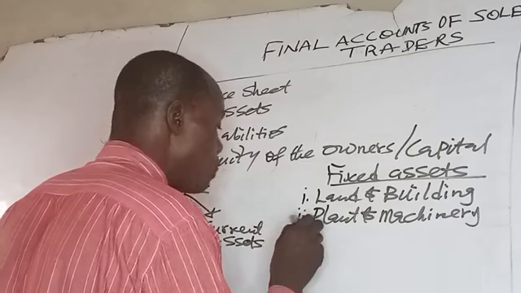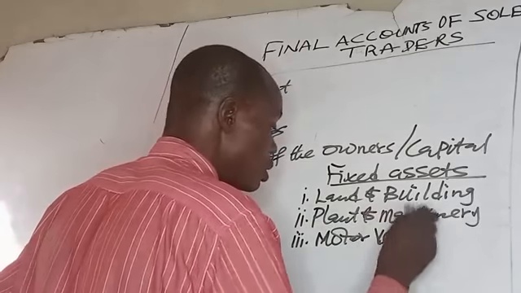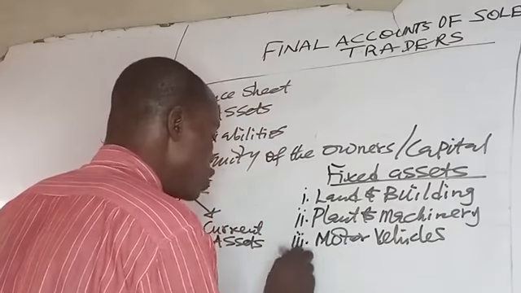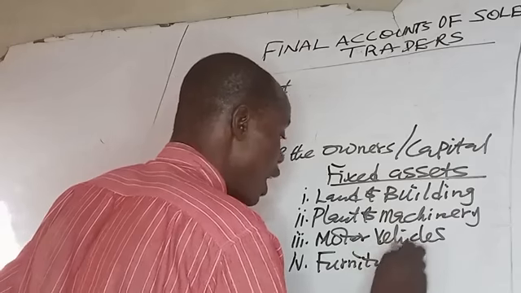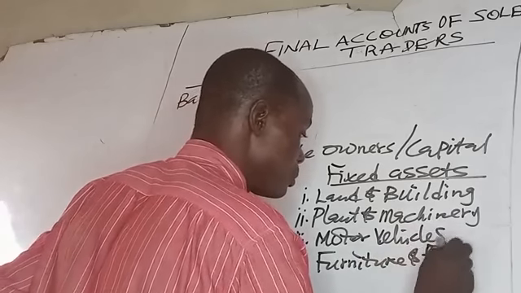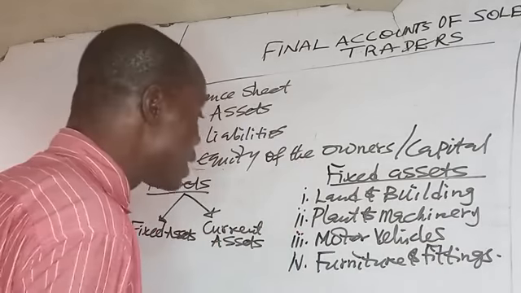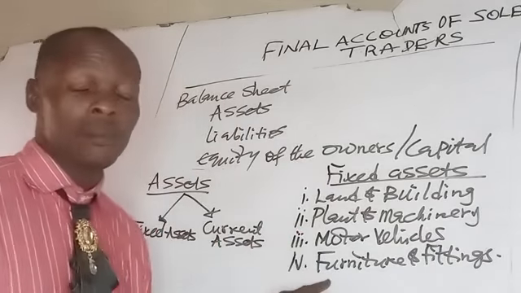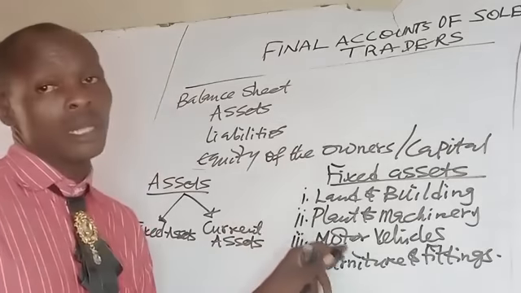Motor vehicles or motor car, then furnitures and fittings. I've told you that fixed assets are assets that can stand the test of time, assets that are permanent in nature, assets that can last longer.